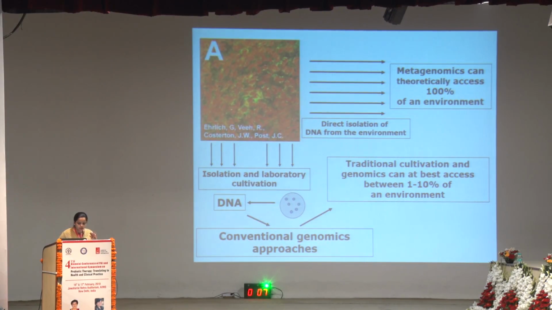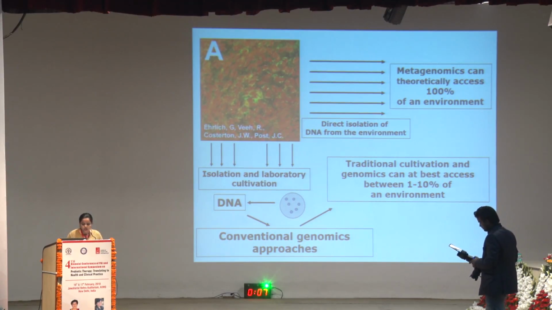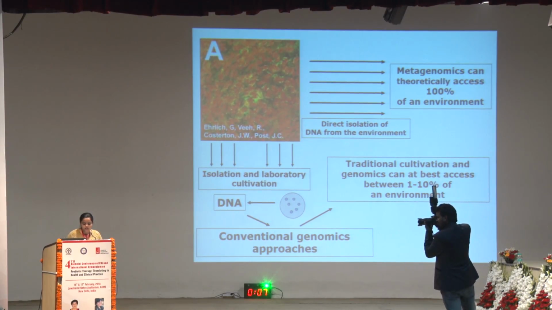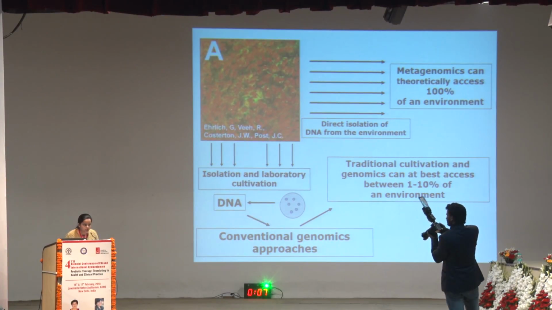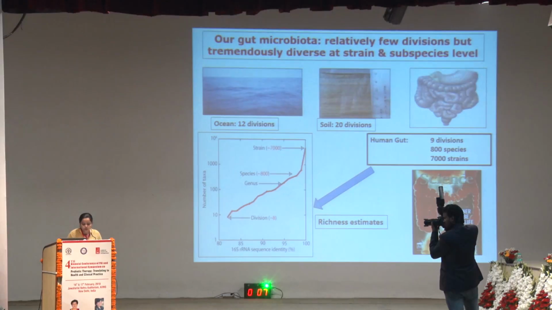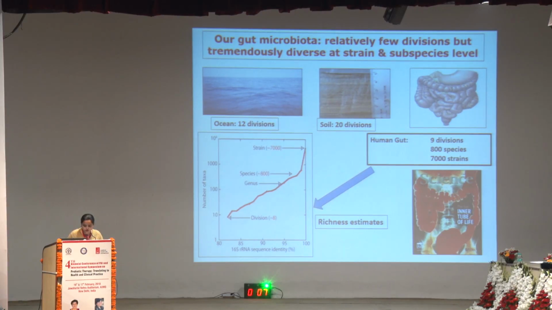Here we can see both the approaches, metagenomics and the conventional genomic approaches, that can be used in lab conditions. Here we can see different niches for the microflora are available, but when it comes to the human gut, a huge diversity can be seen at the strain and species level.